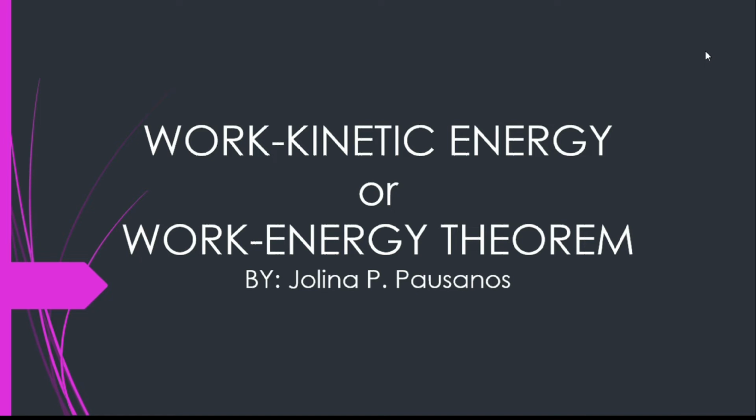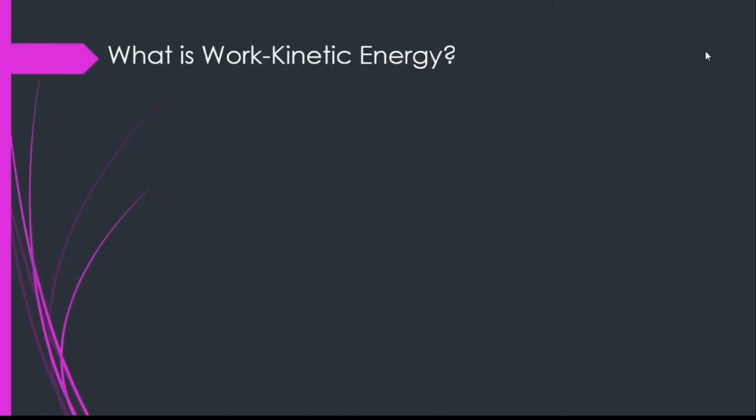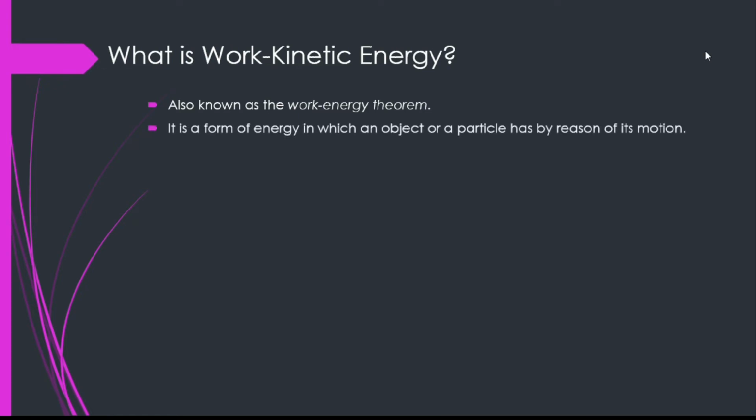My topic is all about work kinetic energy, or the work energy theorem. So, what is work in kinetic energy? Basically, it is also known as the work energy theorem. It is a form of energy which an object or a particle has by reason of its motion.